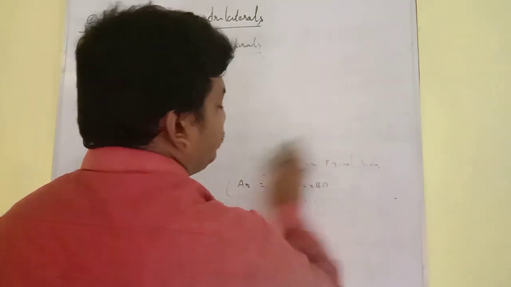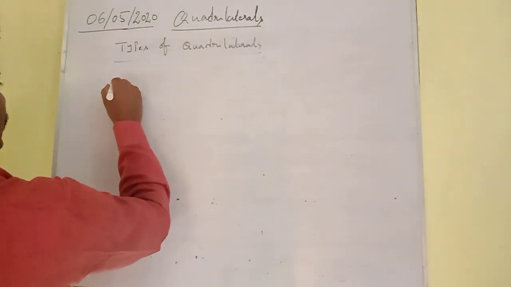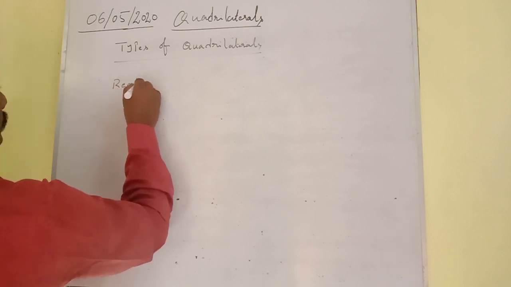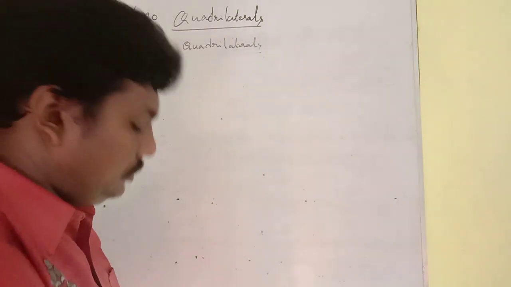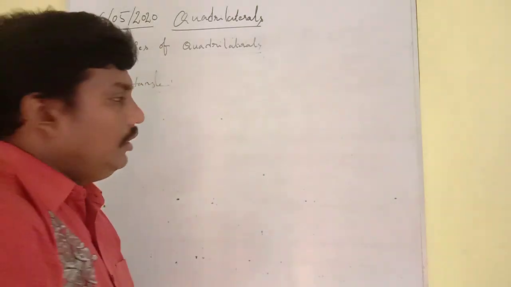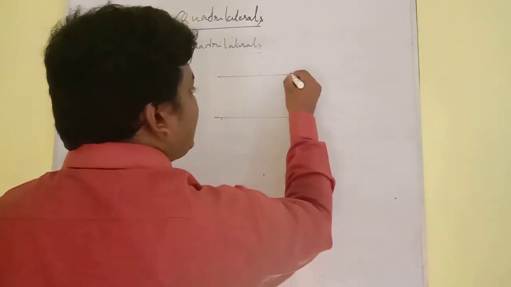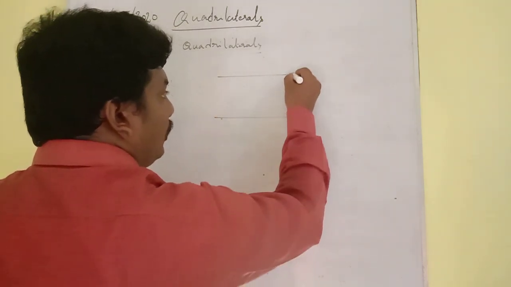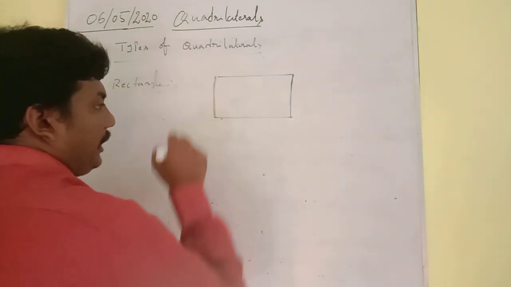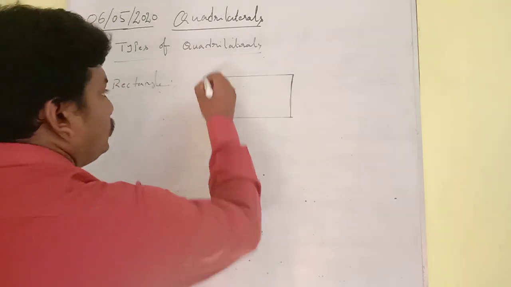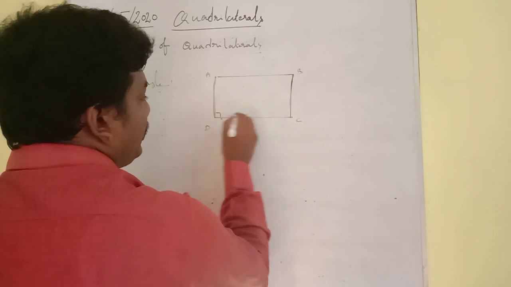So now next one is the rectangle. What is a rectangle? It is also a parallelogram, with opposite sides equal, and there is only one difference between a parallelogram and a rectangle. In a rectangle, each angle must be a right angle.